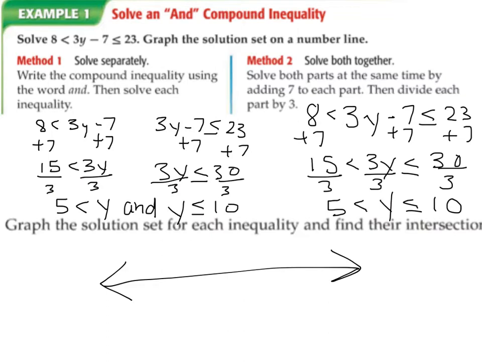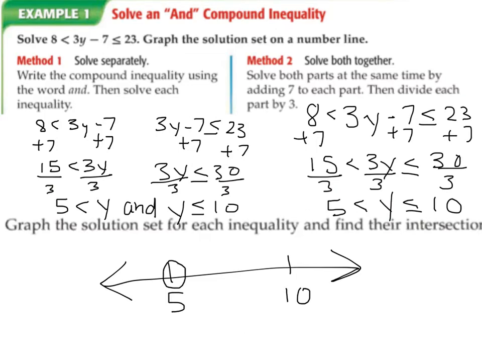I'm going to put whichever numbers they give me, which in this case is 5 and 10, on my number line. And now I need to decide, is it an open or a closed circle? When we're looking at the 5, we just have a less than sign, so we know it's going to be just an open circle.